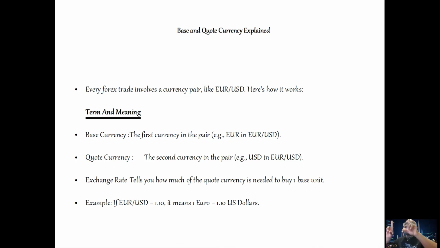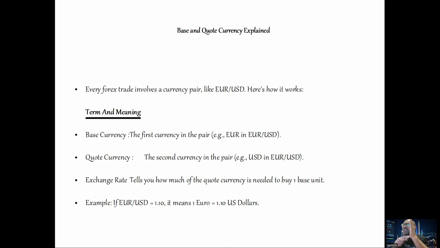If my currency is higher, let's say USD is higher than Naira, automatically USD is the base currency, while the Naira is the quote currency. The quote currency is needed to buy the base currency.